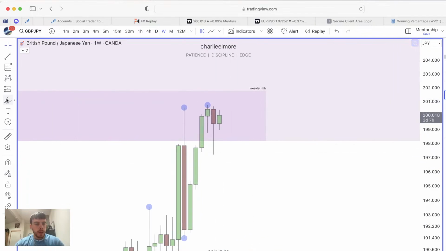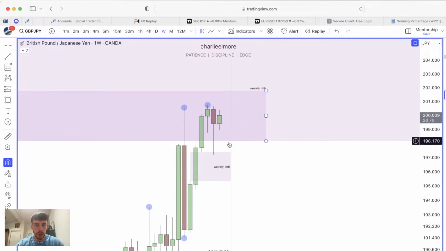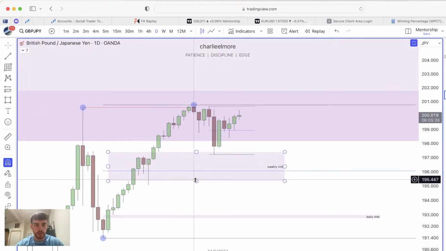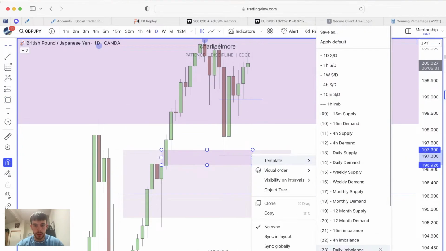Because we've come into this weekly imbalance on GJ. Right? We've come into that weekly. If we then go down into the daily, we can see very clearly that we also came into a daily time frame imbalance. Right?